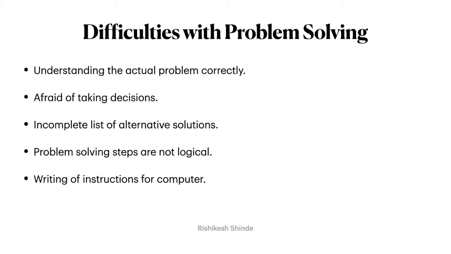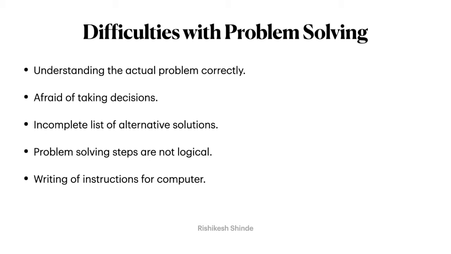Fourth difficulty is that problem solving steps are not logical. In case of solving a problem with the help of a computer, we have to instruct the computer how to solve the problem. If our steps are not logical, then the computer will not be able to solve that problem correctly. So that will be the difficulty.